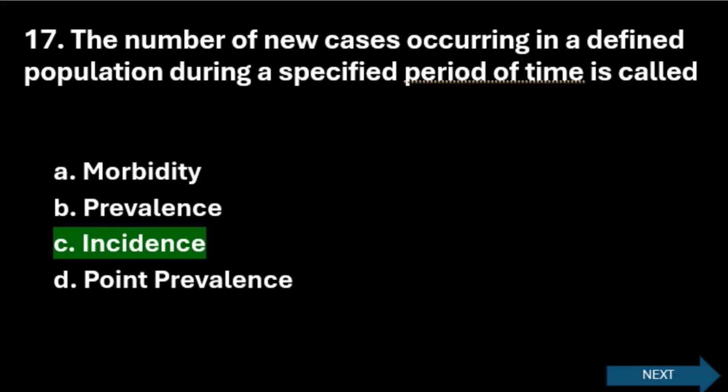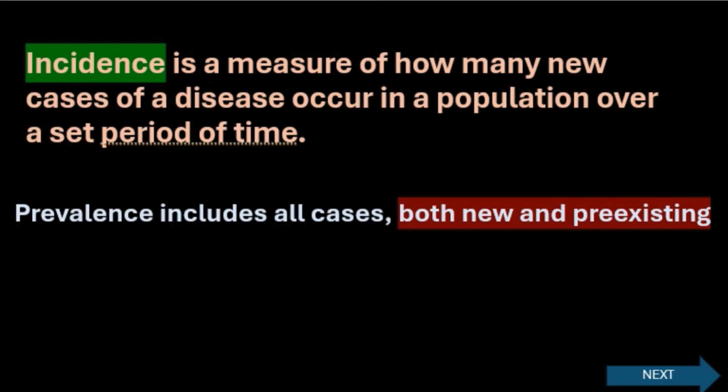Incidence is the measure of how many new cases of a disease occur in a population over a set period of time. So this is the new cases of disease. New cases, that is the highlight. Prevalence includes all cases, both new and pre-existing. And morbidity, mortality you already know. So here the answer is incidence.